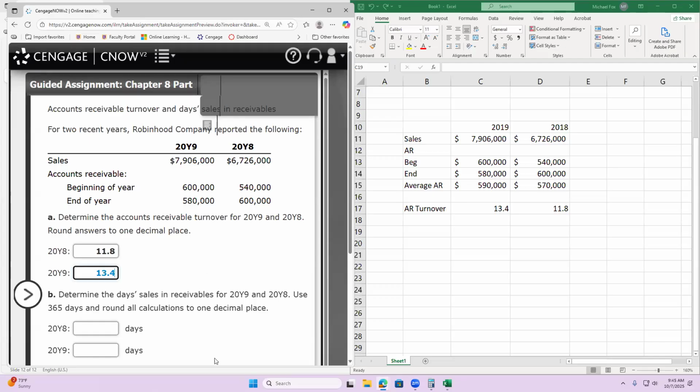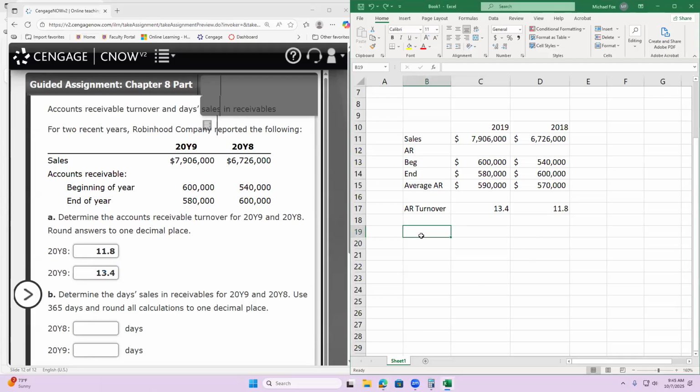If you think about this as just a fraction with sales on top and average accounts receivable on the bottom, if the number goes up, it's like saying we have more sales relative to our accounts receivable, which either means sales went up and accounts receivable stayed the same, or accounts receivable went down and sales stayed the same, or some combination of that. So yeah, good. And then determine the days sales in receivables.